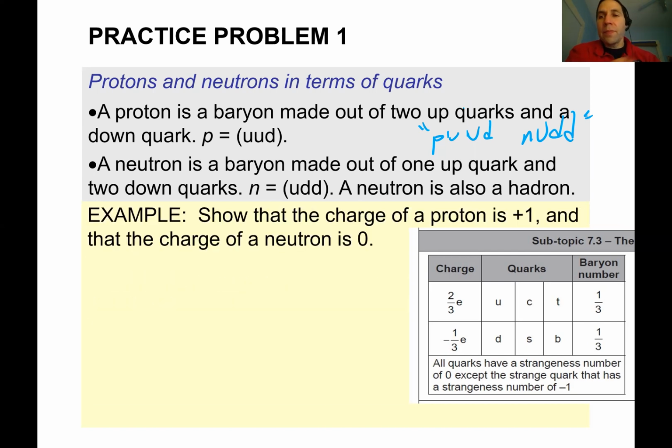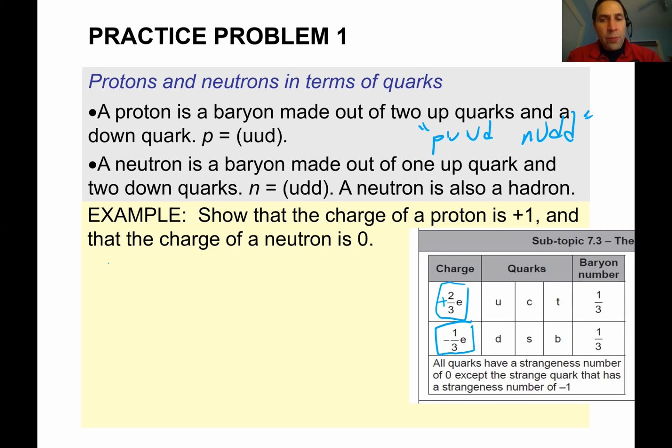So this is where we get to an interesting part. You've known for the longest time that a proton has a +1 charge. Well, how does that work if it's made up of pieces? Notice down here, the up, the charm, and the top quark each have a charge of positive 2/3 e. Remember, e is the fundamental charge. The down, strange, and bottom quark have a charge of negative 1/3 e. So let's see what happens with a proton.